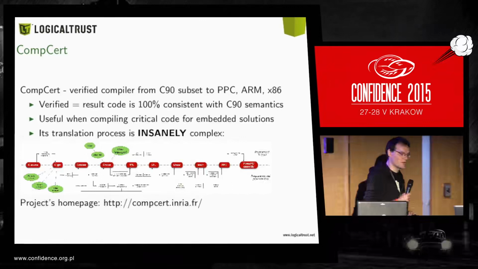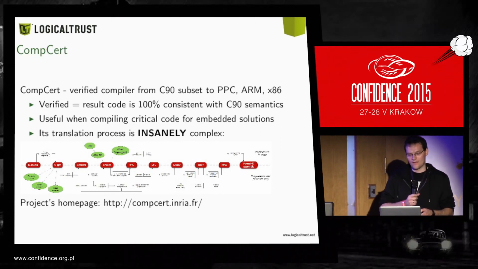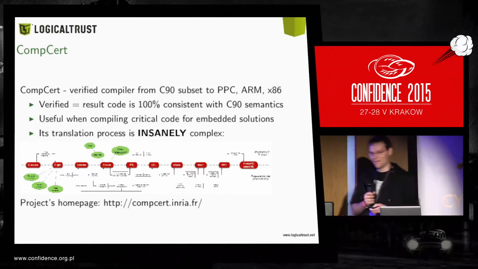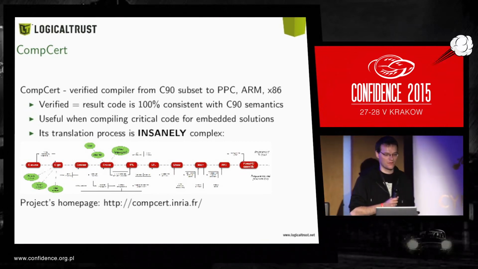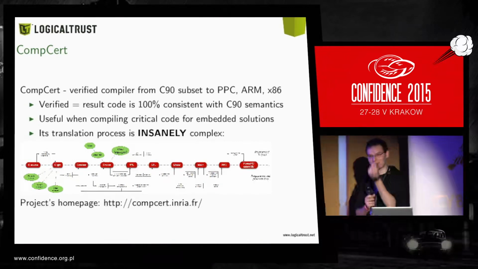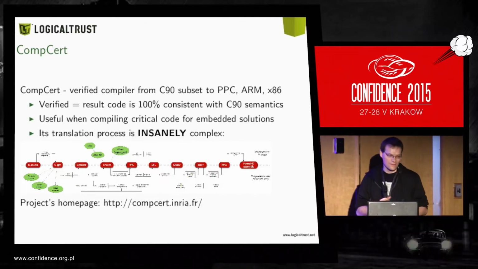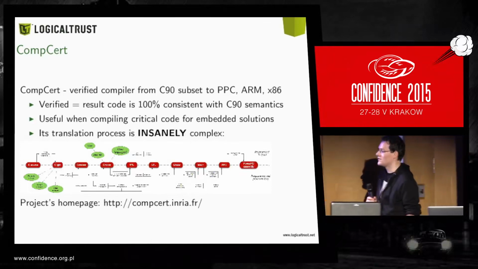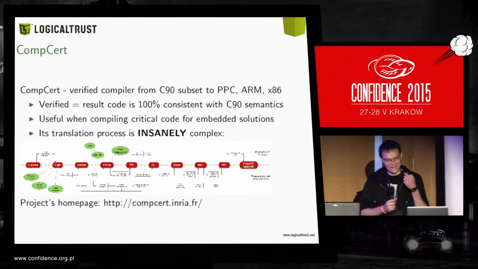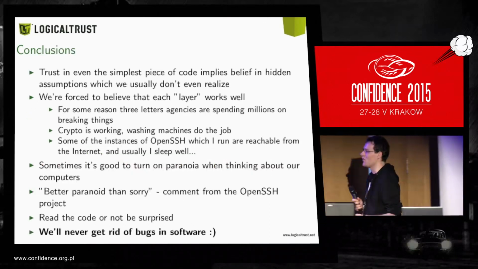There is a project called CompCert, whose goal is to make a verified compiler, and it means that the code that we get from this compiler is 100% consistent with the semantics of the C90 standard. But actually there was a bug in that code, and if you take a look at the translation process, it's insanely complex. So I'm pretty sure that there are more bugs.